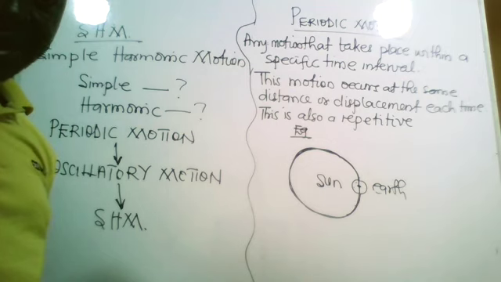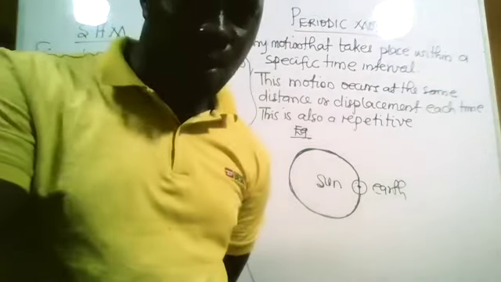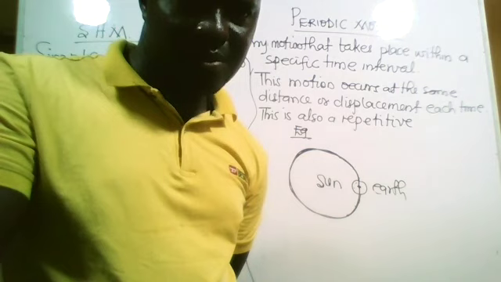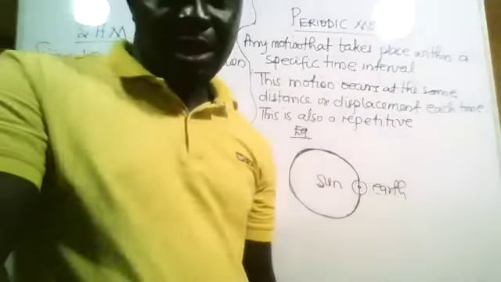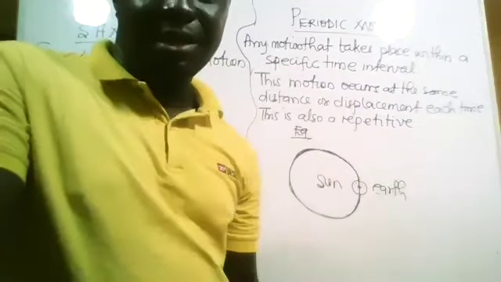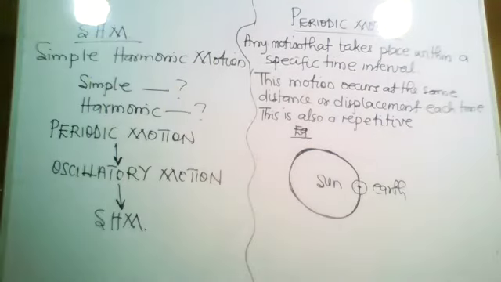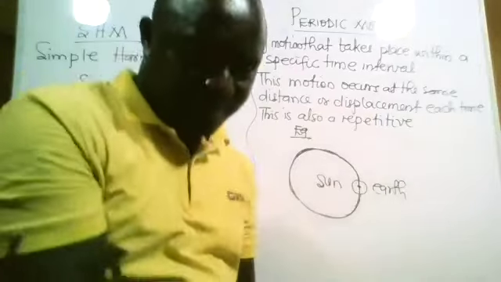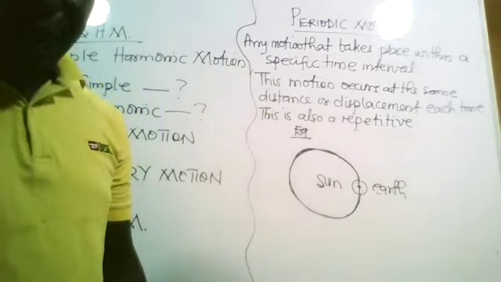Stephanie, give me an example of motion that is periodic. We have called Stephanie. Okay, Herbert. Sir, please, a bouncing ball. A bouncing ball. Okay. Thank you. Stephanie, are you there?